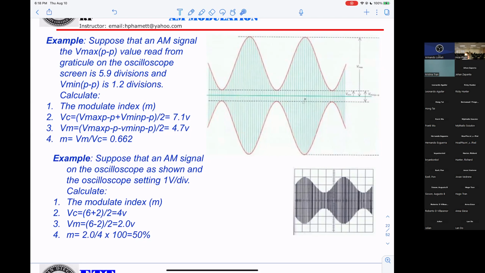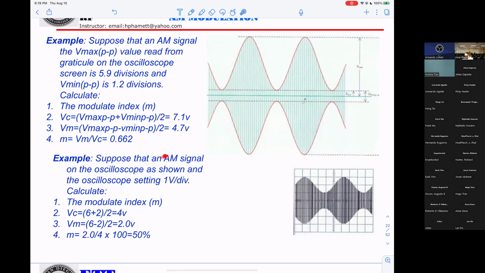They want to calculate the modulation index. Okay, Vm equals V max peak to peak minus V minimum peak to peak divided by 2. You get 4.7. The fourth one, you get 7.1.